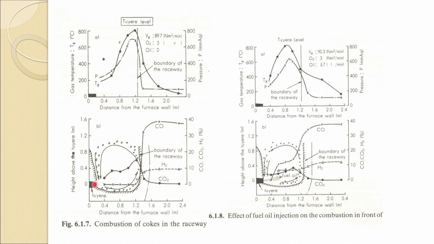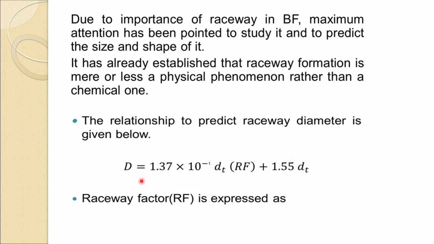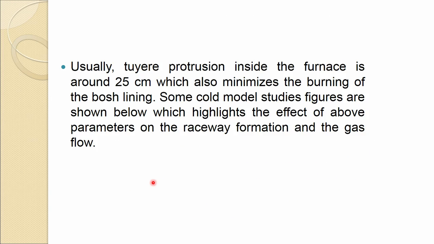So, the black part which is extending inside the blast furnace is known as the Tuyere protrusion. This is very important, and that also affects quite a bit the raceway shape and size of the blast furnace. So, this is about the Tuyere protrusion.